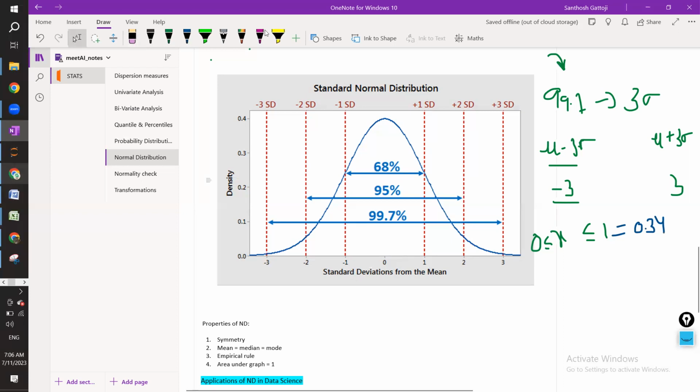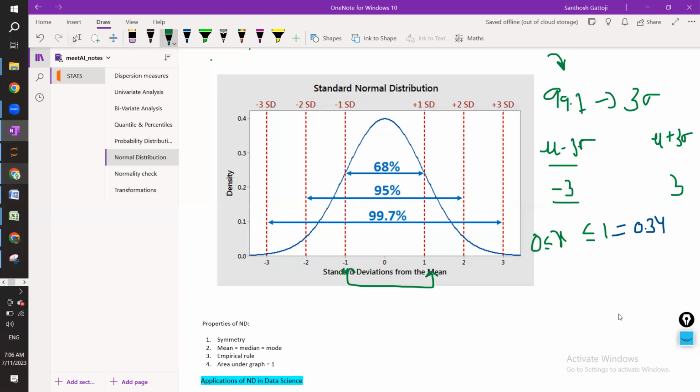See, what I'm saying is, first let's see what the empirical rule says. It says that from -1 to 1, 68% of the data will be captured. Let's try to prove that. What is this 68% of the data?